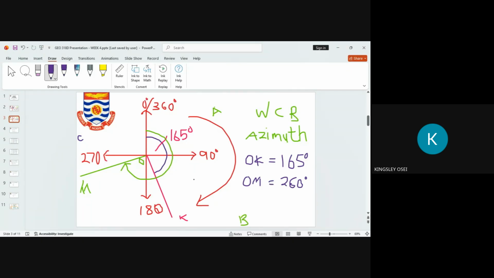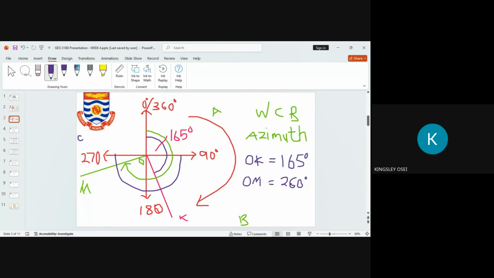So I will lay the protractor this way. I'll start with my 0 here, and then I'll read onto this. But when you do that, understand that you came from here, which is 90 already. So it should be 90 plus what you are reading from here to there.